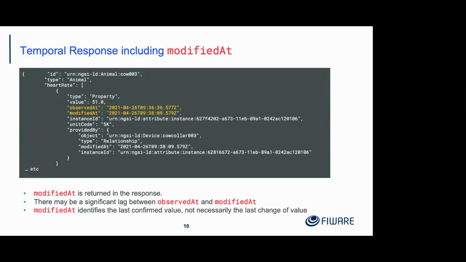And you can see that modified at typically isn't that different to observed at, if observed at exists, because you'd expect that there isn't that much of a lag, because something is pushed to the context broker, it changes it, and you can see the difference there is, what is it, 10 seconds? No, it's 30. That was quite a lot actually. 30 seconds on the observed at.